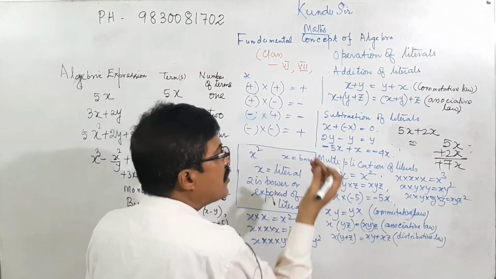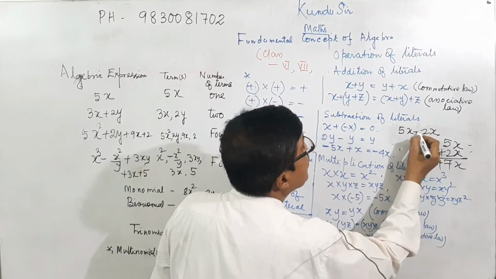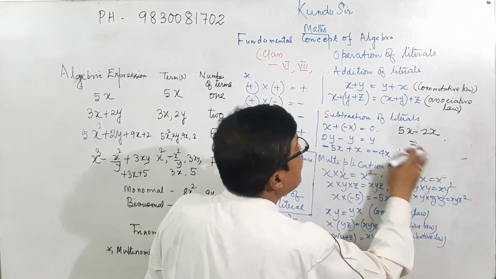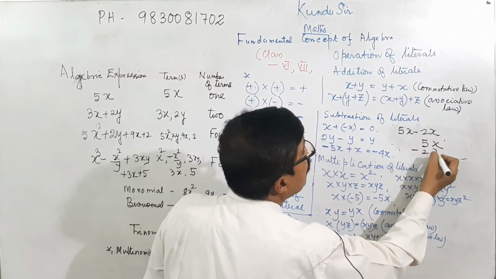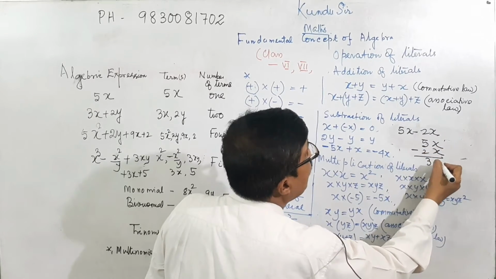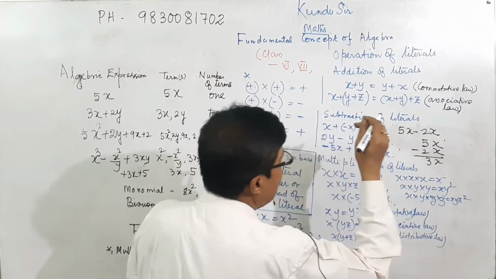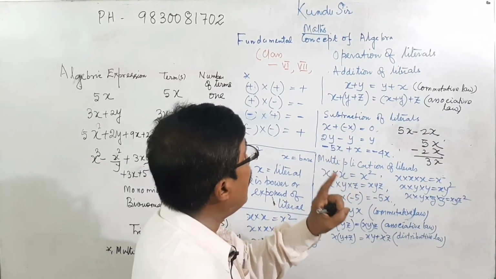You can write plus or may not write. Now we are considering minus. Then what will be the result? 5X minus 2X, 5 minus 2 equal to 3, equal to 3X. So such type of literal operation we should learn.